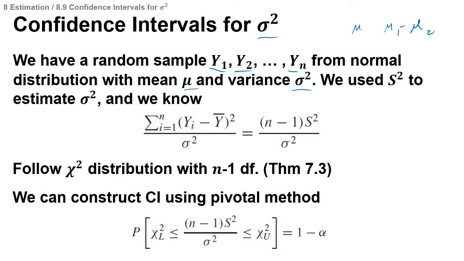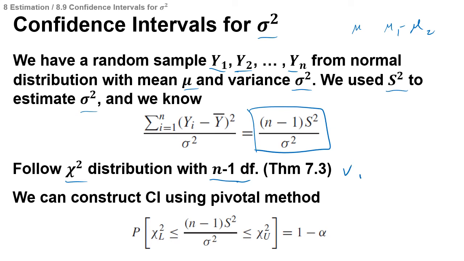And we used s square to estimate sigma square, and we know that this one follows a chi-square distribution. The n minus 1 times s square divided by sigma square follows chi-square with degrees of freedom n minus 1 from theorem 7.3.